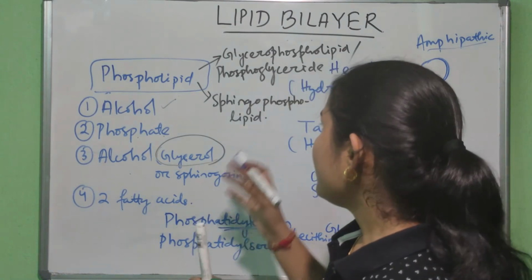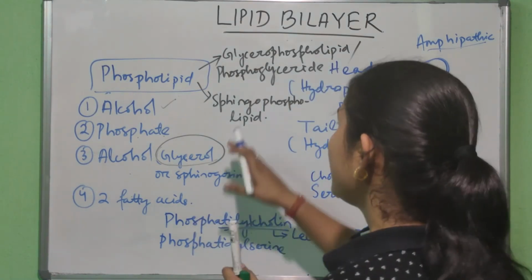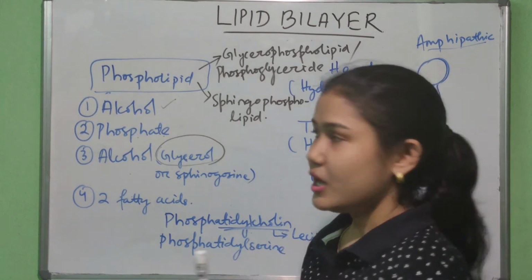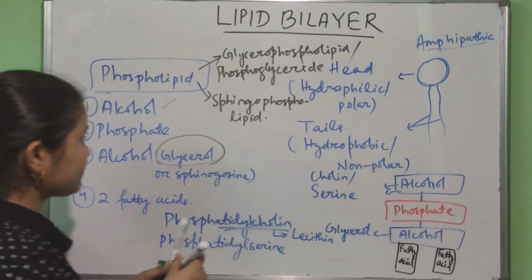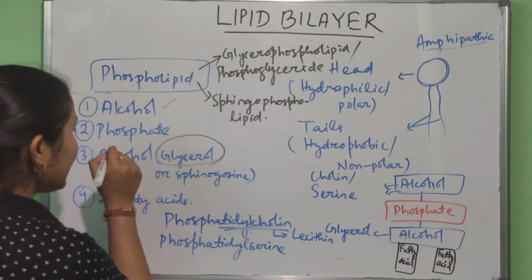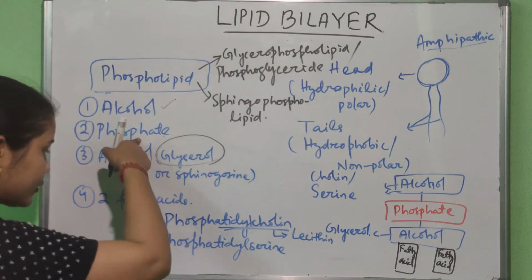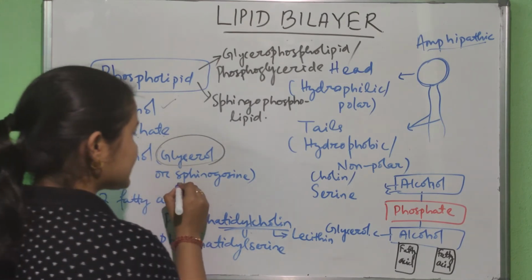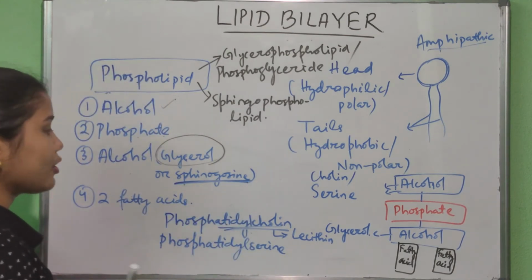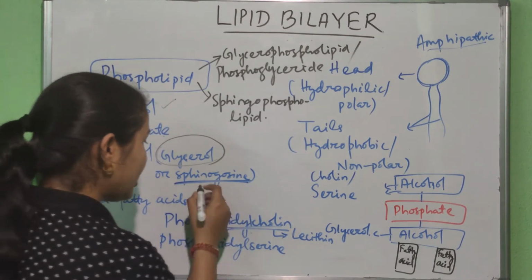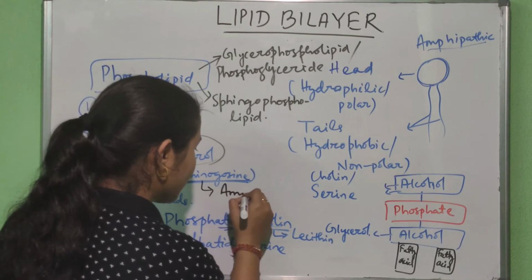Now let us discuss the sphingophospholipid. In sphingophospholipid, the alcohol which is attached to the phosphate group as well as the fatty acids is sphingosine. And what kind of alcohol is this sphingosine? It is an amino alcohol.